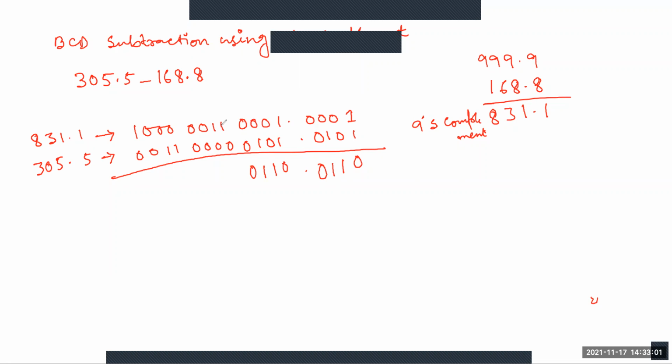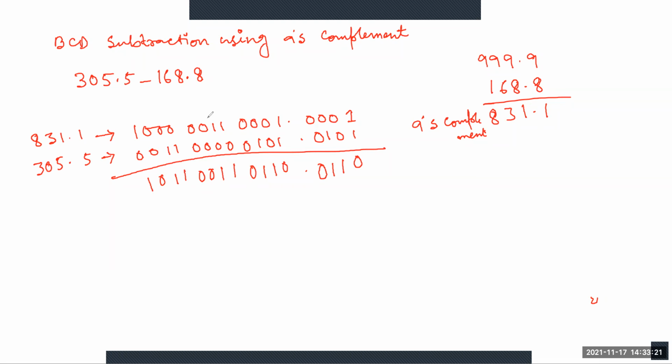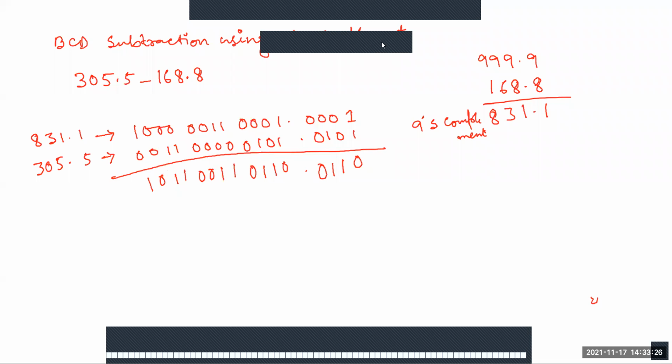Next is 1 plus 0, which is 1. So the BCD addition is over.